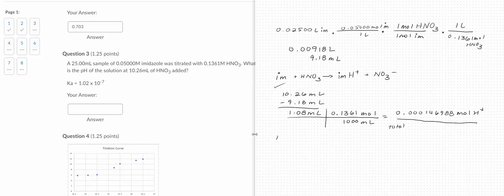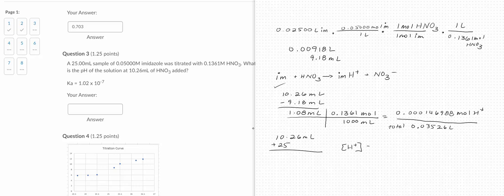Now that's moles of acid left over, but I have to know what my total volume is. So the total volume is 10.26 milliliters of the acid plus 25 milliliters of the base. I have 0.03526 liters that I need to divide those moles by in order to get the new concentration.